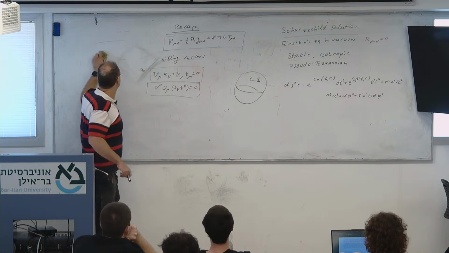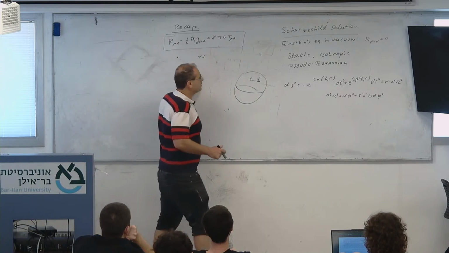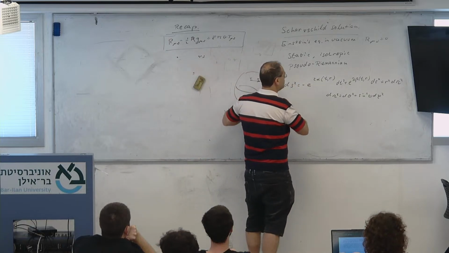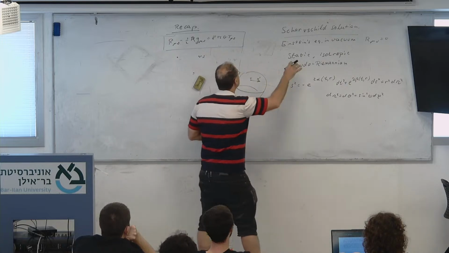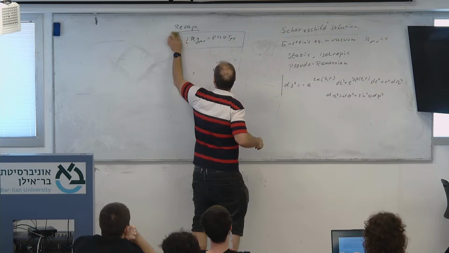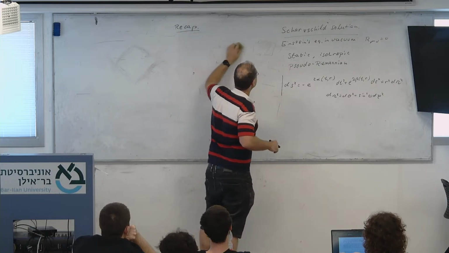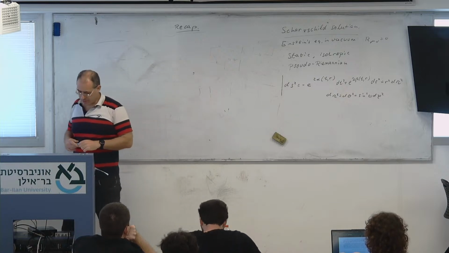So as I said, what we derived up to this point, we did without any attempt at solving Einstein's equation. We just made general considerations of how the metric should look in a static isotropic metric.